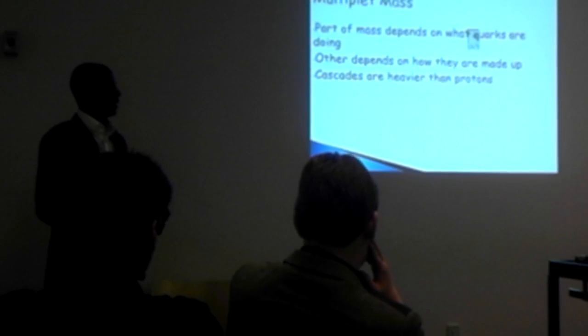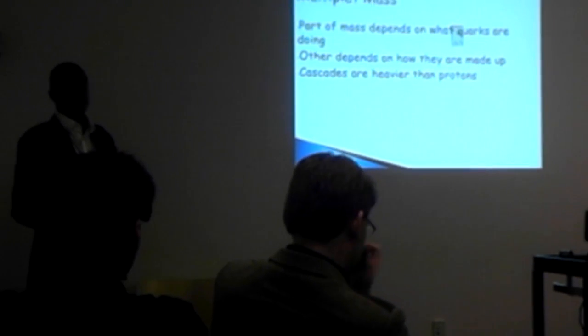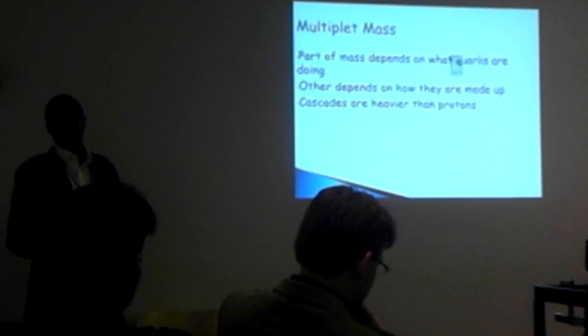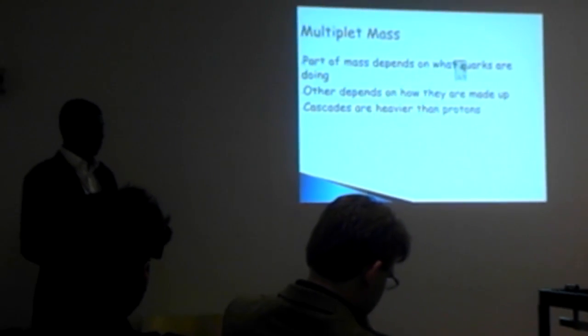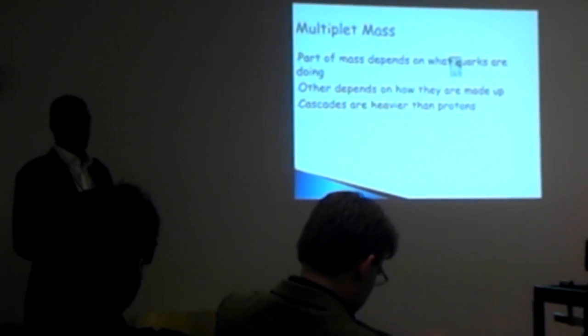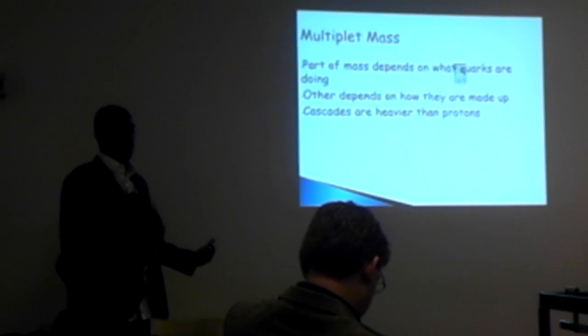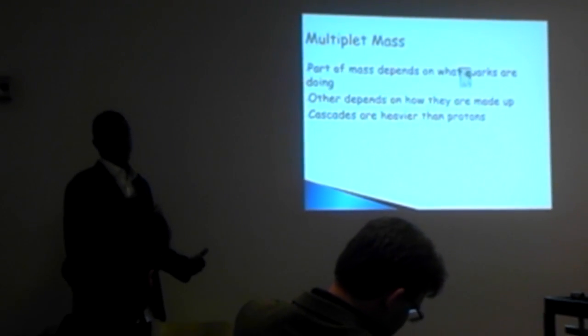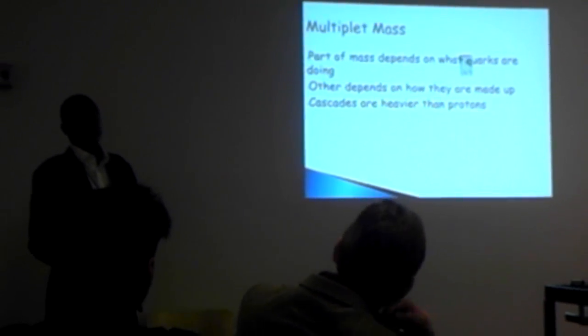So the philosophy and the idea behind our research is, if we can understand what the cascades are doing and the characteristics of the cascades, then it would allow us to understand more about the proton, because the proton decays so much faster than the cascade.